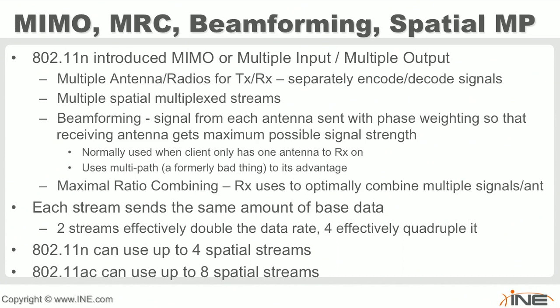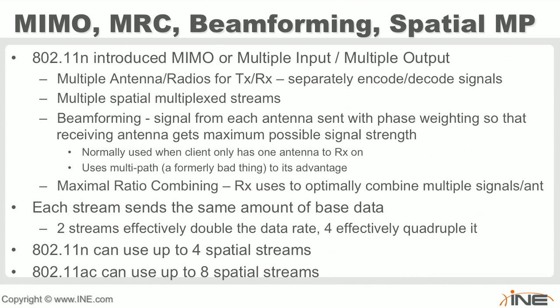Beamforming is a technology where we use the signal from each antenna sent with different phase weighting so that the receiving antenna gets the maximum possible signal strength.